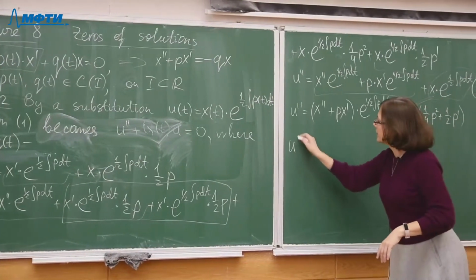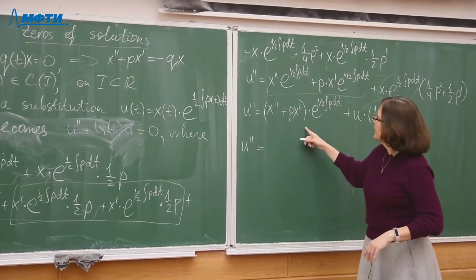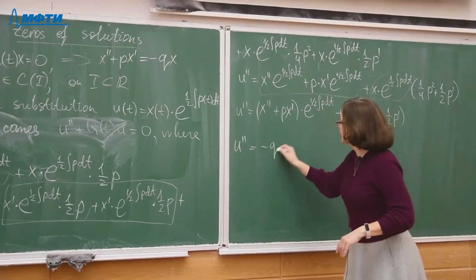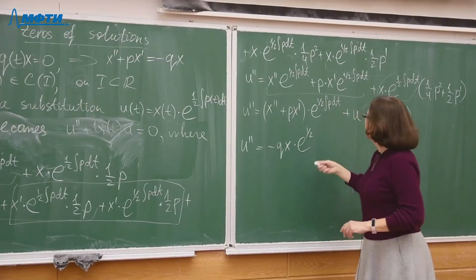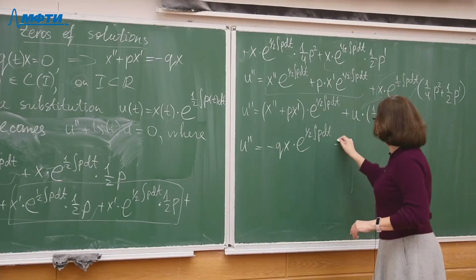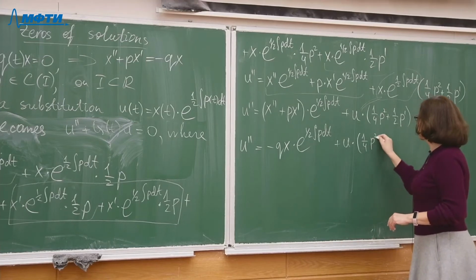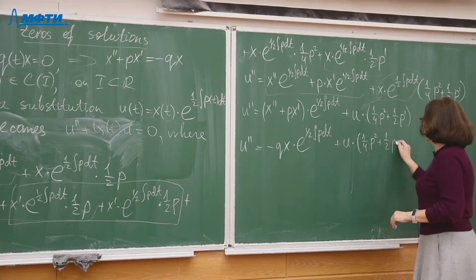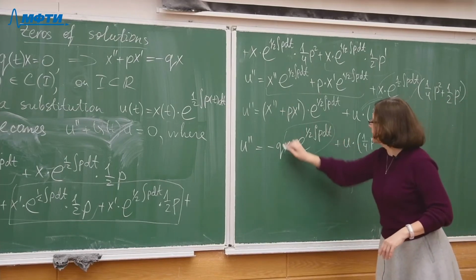So I will rewrite it as u double prime equals minus q x times e to the 1/2 integral p dt plus u times 1/4 p squared plus 1/2 p prime. And I will replace this by u.